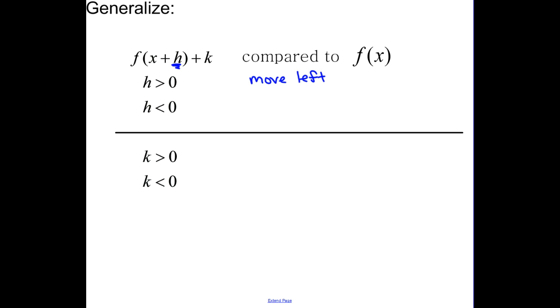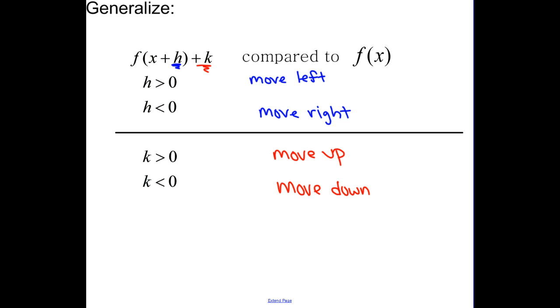When h is less than 0, that means I'm going to move it to the right. So you have to think about this as opposite. When it's a positive number, it's going to move to the left. When it's a negative number, it's going to move to the right. When my k, that's the outside piece, is greater than 0, that means we're going to move it up. And when my k is less than 0, we're going to move it down.